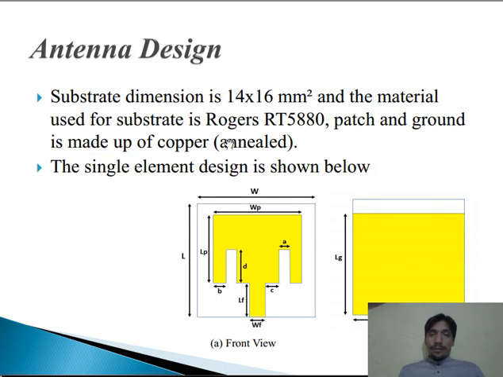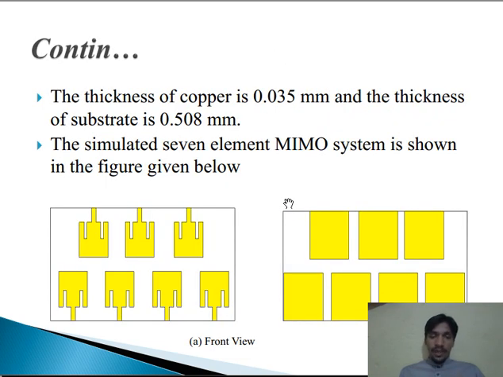This is the antenna that we have designed. The maximum size of our antenna is 14 times 16 millimeter square. We have used Rogers RT5880 as the dielectric material, and the ground is partial. This one shows a single element, and this one is the MIMO network.